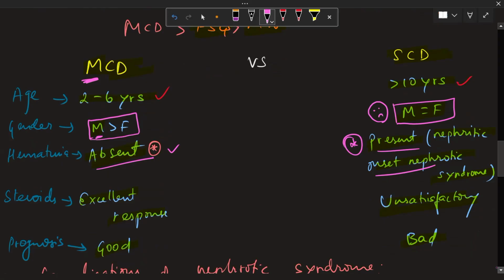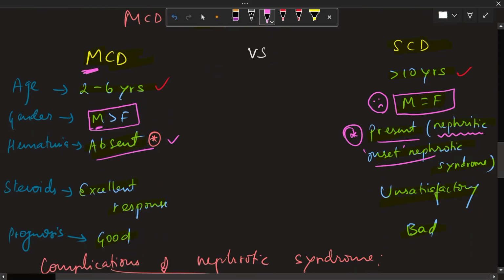And hematuria, it will be absent in MCD, but in case of SCD it is present. But we have seen that hematuria is a hallmark feature of nephritic syndrome, but SCD is a nephrotic syndrome, but it also shows some hematuria. So it is called nephritic onset nephrotic syndrome.